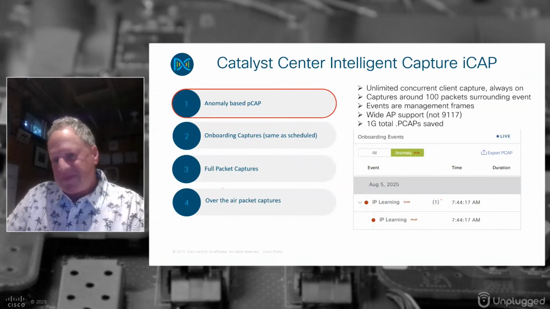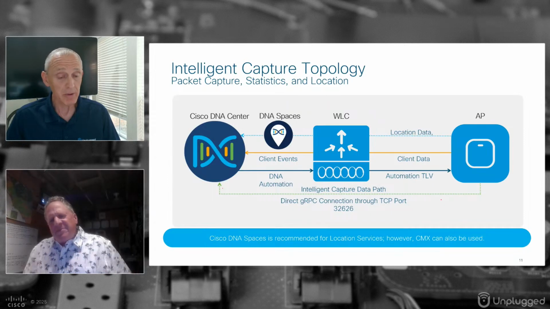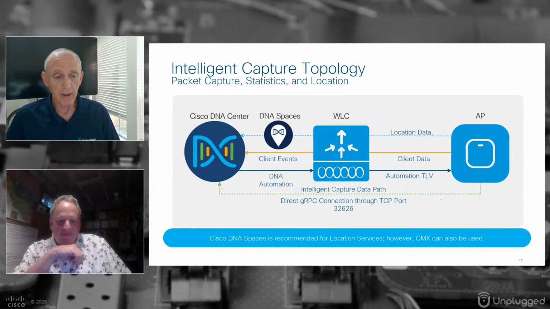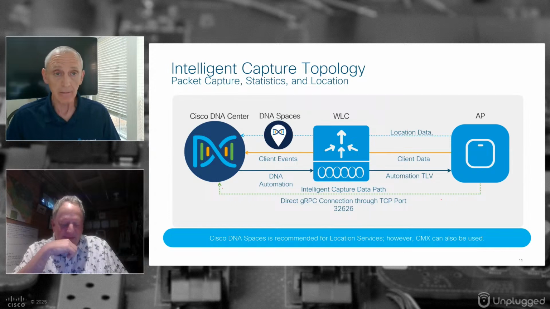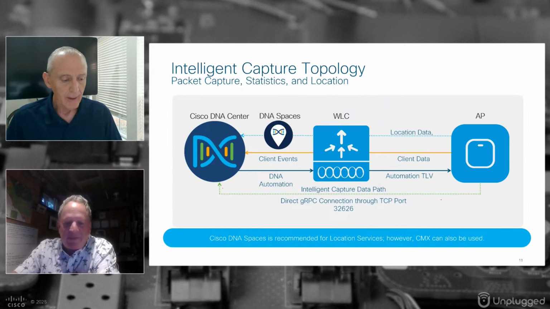I think this slide is particularly important if you're troubleshooting, right? Because if you're not getting packet captures, you might want to check, for example, that gRPC connection, because you may not have thought that you need gRPC between the AP and Catalyst Center. Normally you think, okay, I need my traditional CAPWAP ports between my wireless LAN controller and my AP, especially if you're doing something remote.